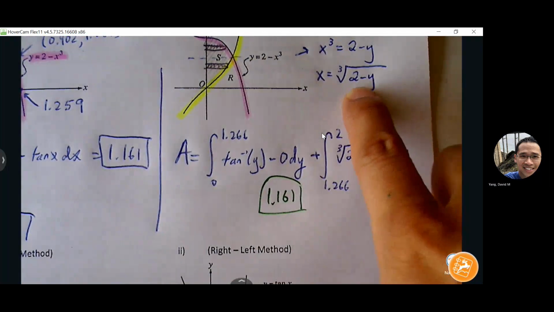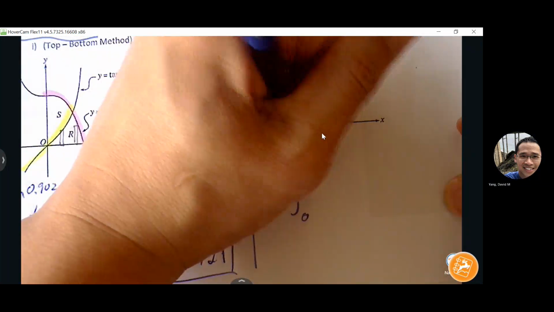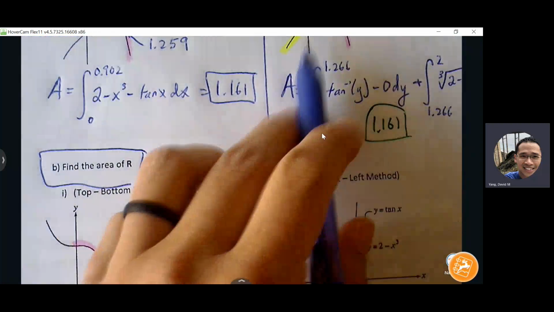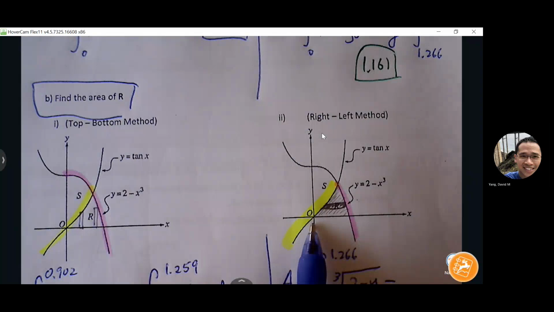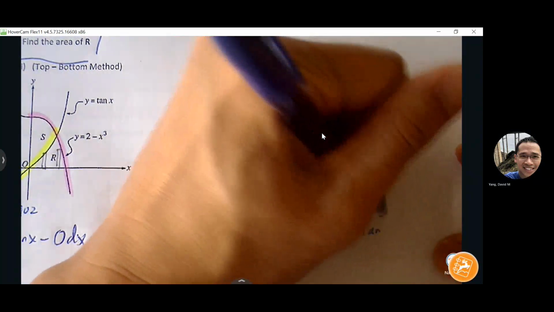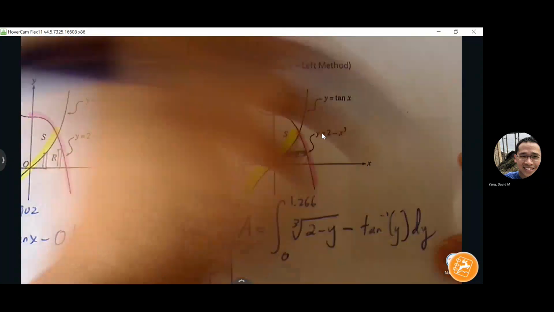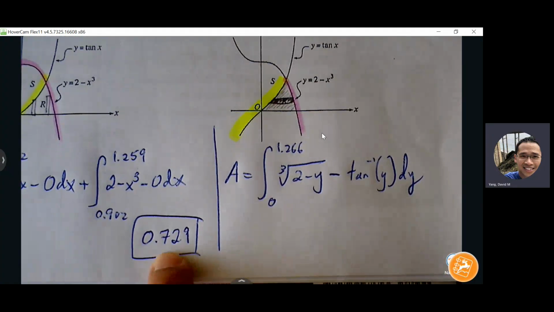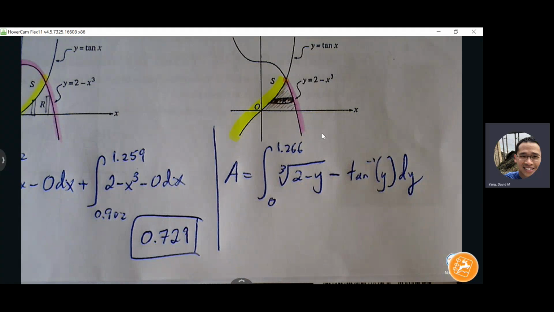Cube root of 2 minus y. And the curve on the left, inverse tangent of y. Okay. You see y's on the paper, but in your calculator, you're going to use x's. We should get the same area because we're talking about the same region.